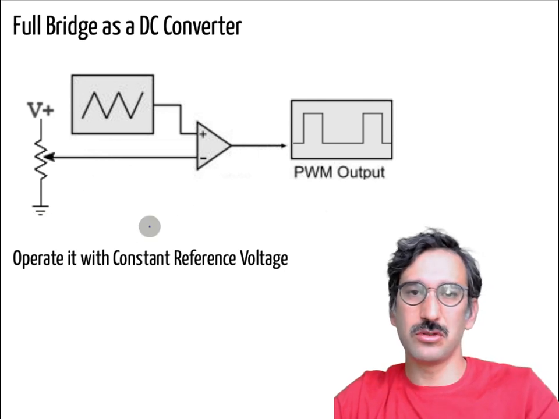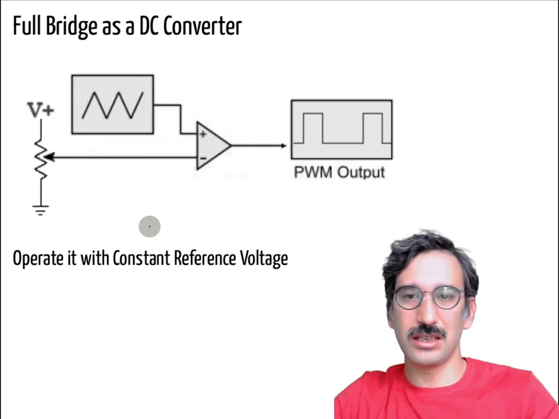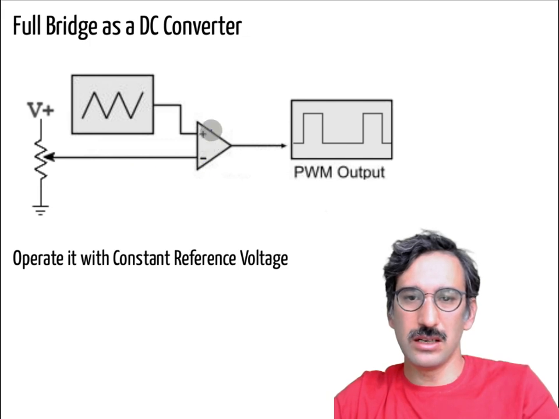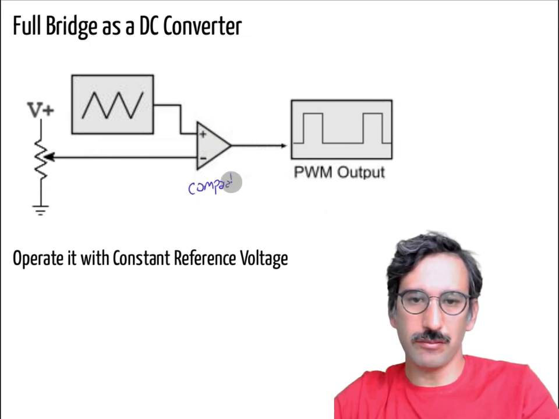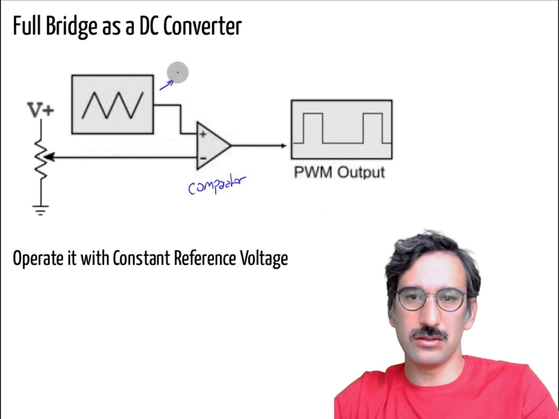Maybe I should have shown that schematic at first. So here you have a comparator, and this is your triangular waveform. It doesn't have to be like that.